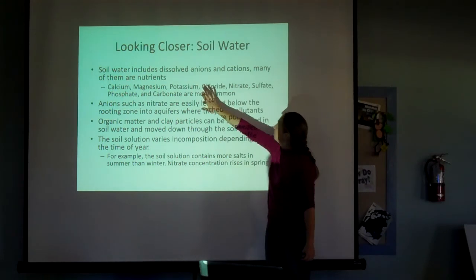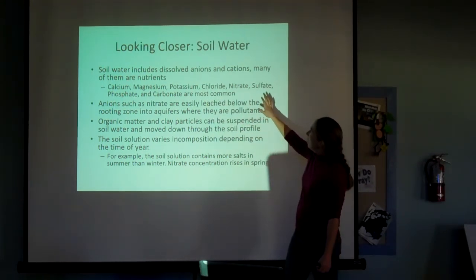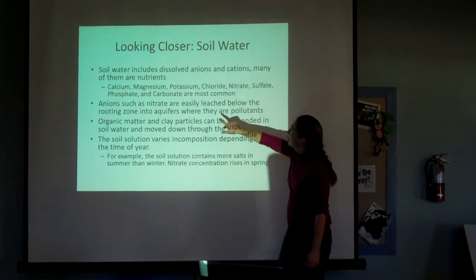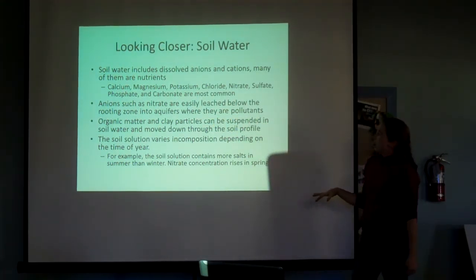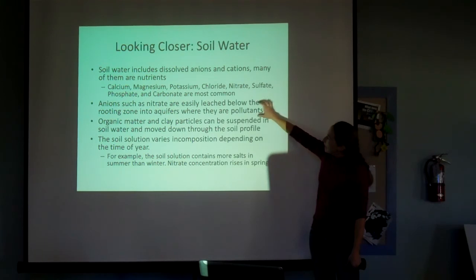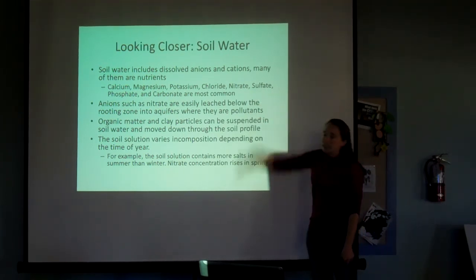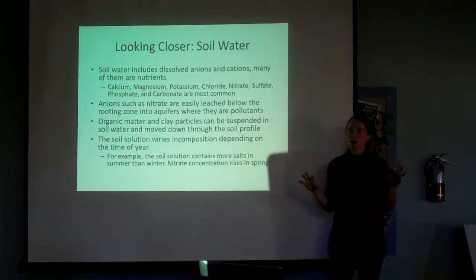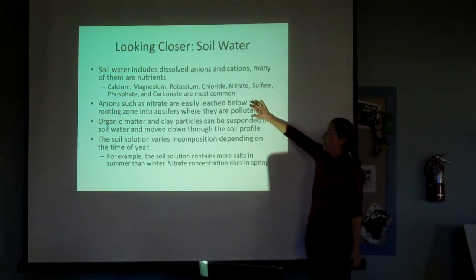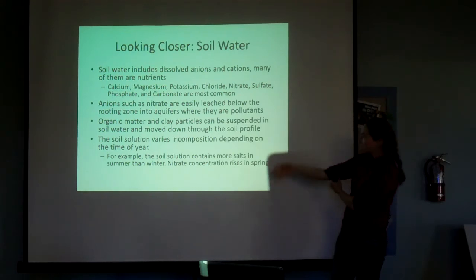These are all positively charged ions. And then also some negatively charged ions are found in the soil solution. The anions are easily leached into the aquifers because they're not trapped by soil and organic matter particles. So just keep that in mind.